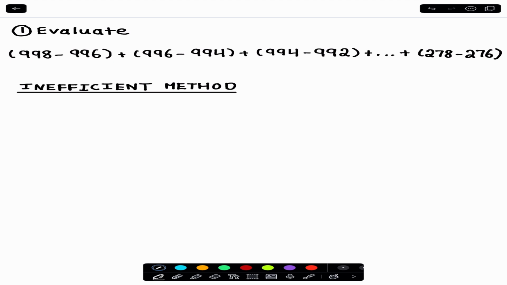So maybe some of us noticed that every term within the brackets would sum up to the number 2. Right? All of these terms equal 2. So we would just sum everything like this.